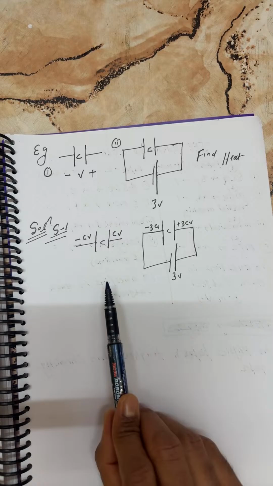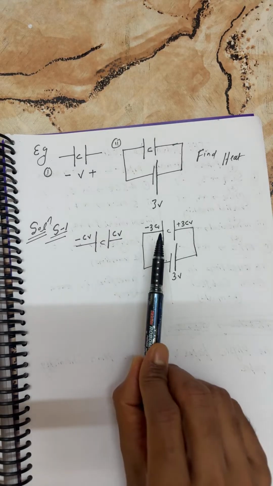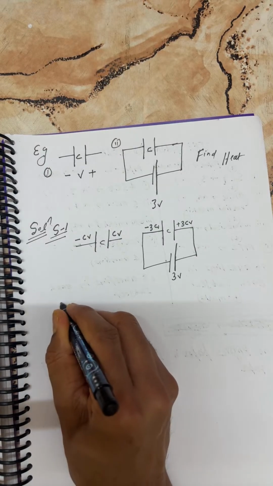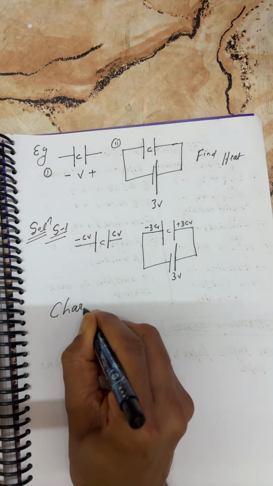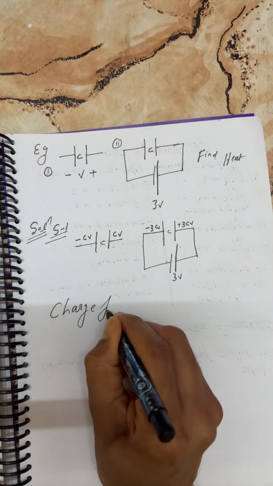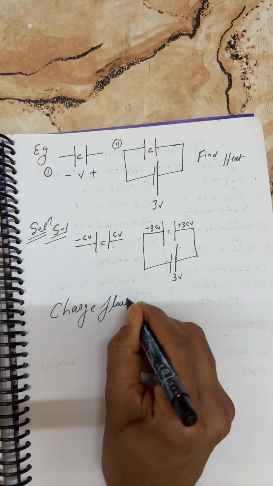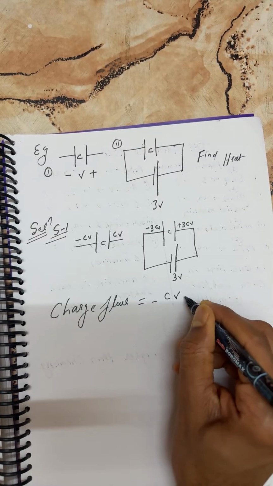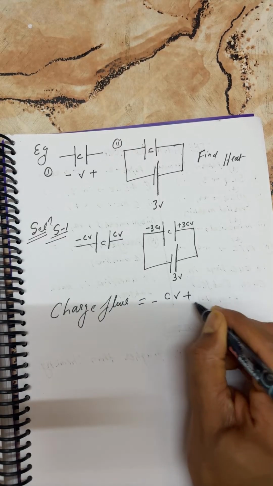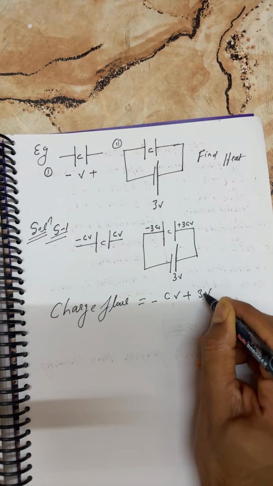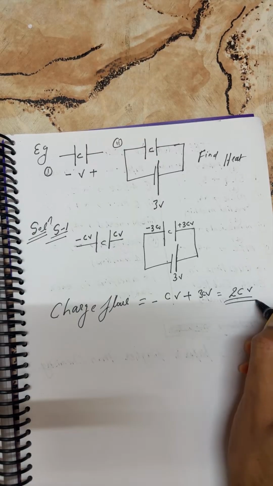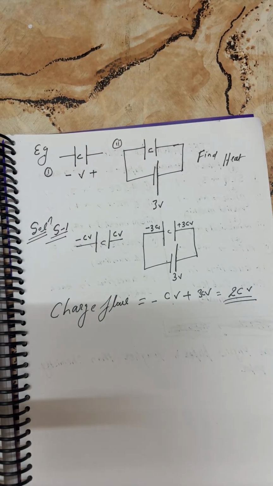For this condition, charge is decreasing. The charge flown through the battery is minus CV minus of minus 3 CV. So what is the charge? This is 2 CV.